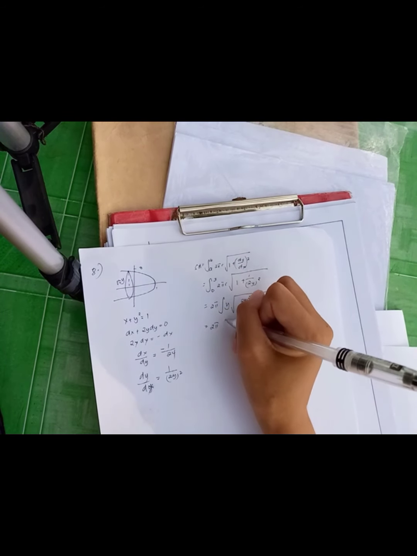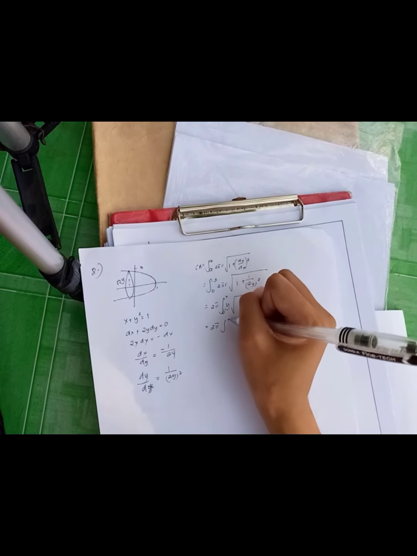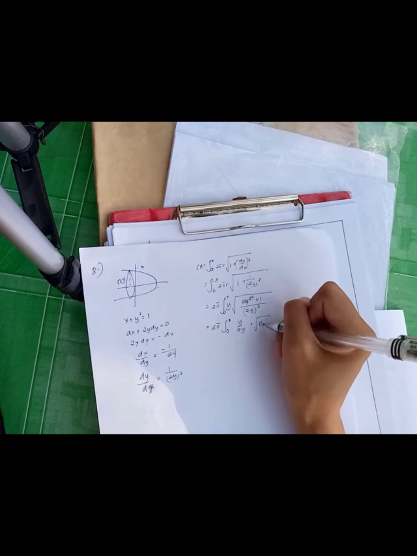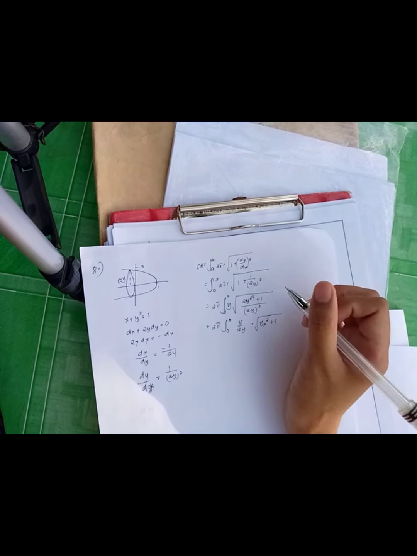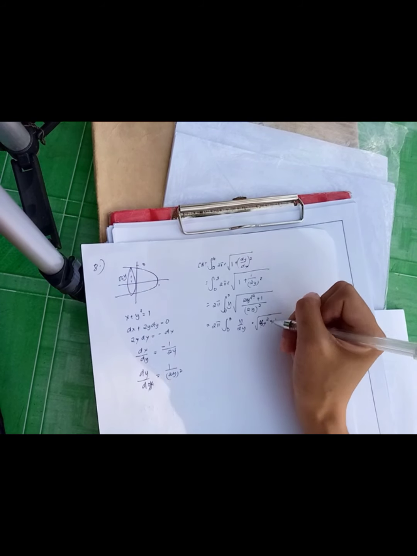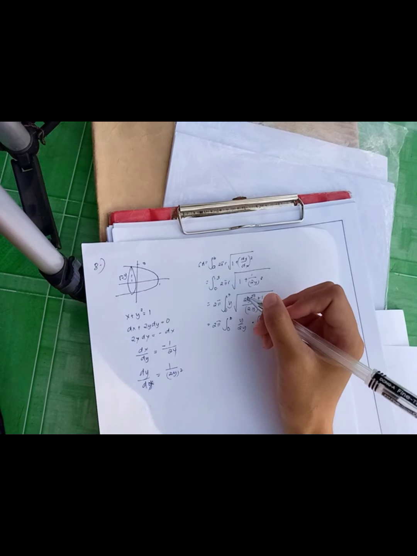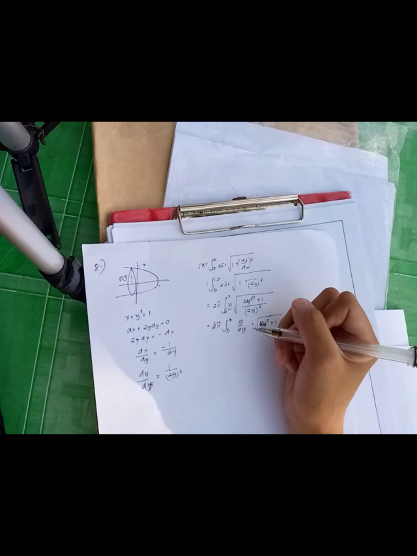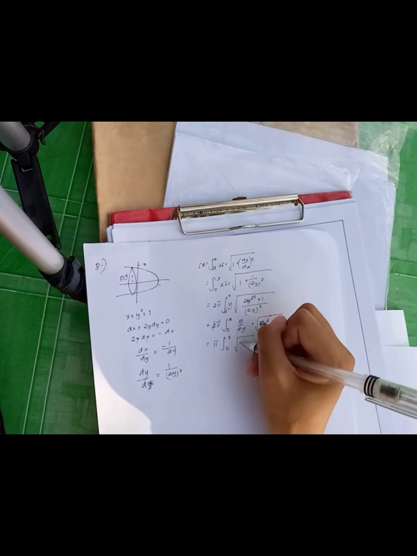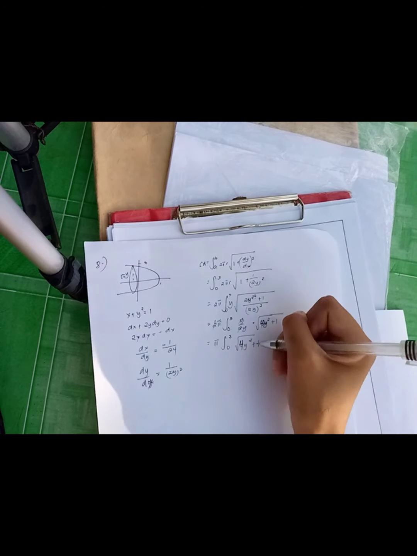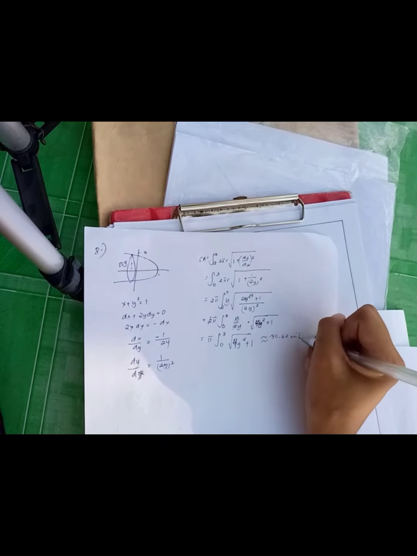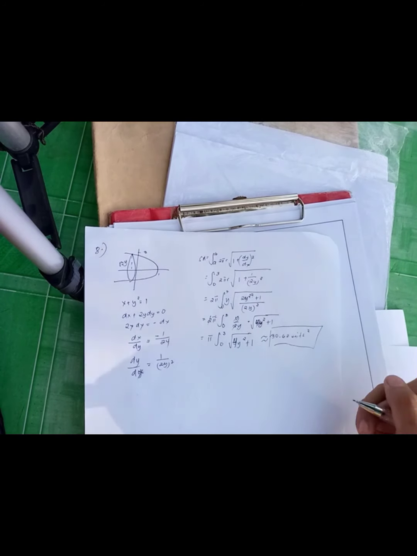So equals 2 pi, integral from 0 to 3 of y times 2y times the square root of 4y squared plus 1. Sorry, 4y squared. So we cancel the 2y. So what remains is pi times the integral from 0 to 3 of the square root of 4y squared plus 1, or in the exact form, 30.62 square units. So this is our final answer.